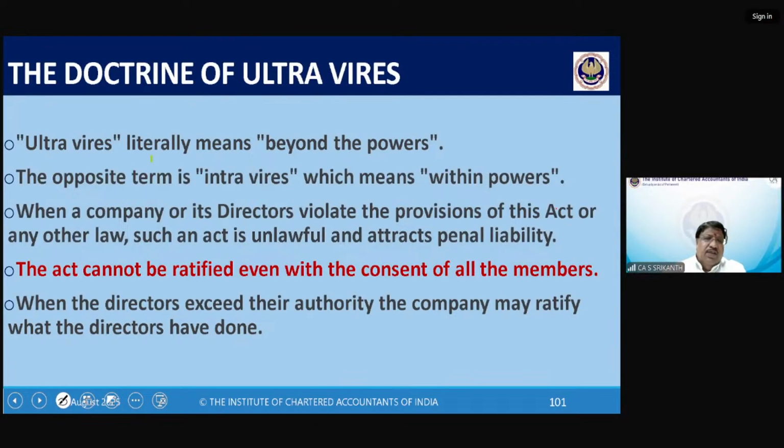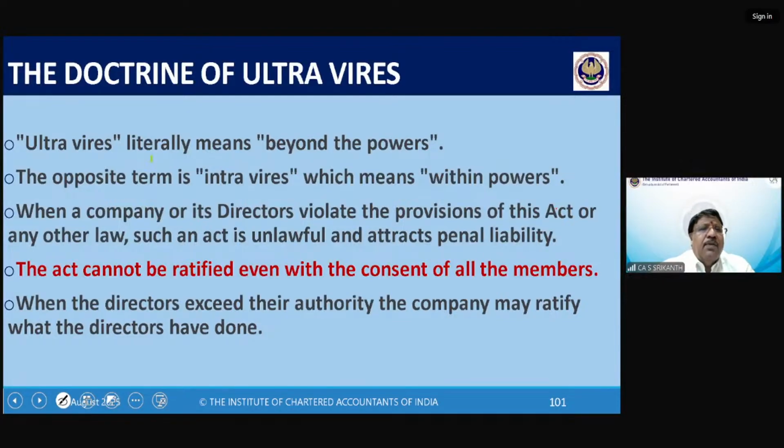Okay? So when the directors exceed their authority, the company may ratify because it is intra vires the company, but ultra vires the directors. Simple example I will give you. Suppose the articles say directors can borrow up to 1 crore. Beyond 1 crore, directors have to get approval from the shareholders.